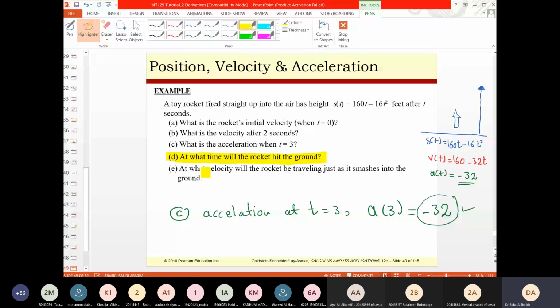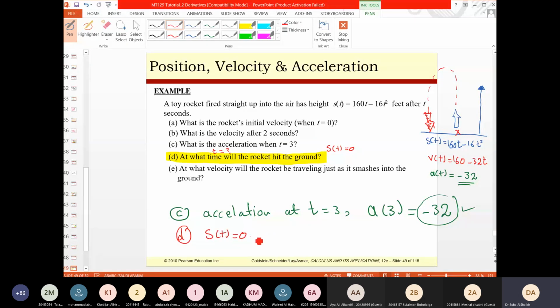This is the first thing I know. When it hits the ground, that means when S of t is equal to 0. Notice it was here at the ground, it goes up, up, up, and then it falls down again, right? So if I'm asking about the time when it hits the ground, I'm asking about when S of t is equal to 0.